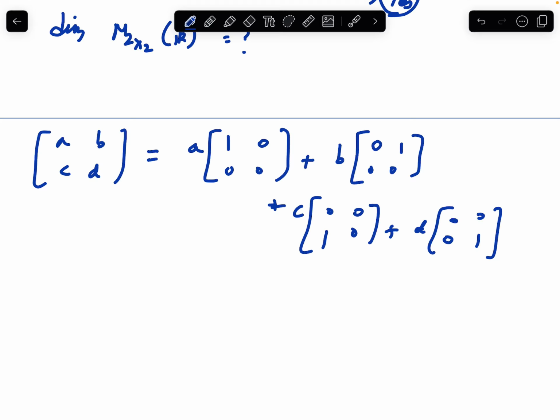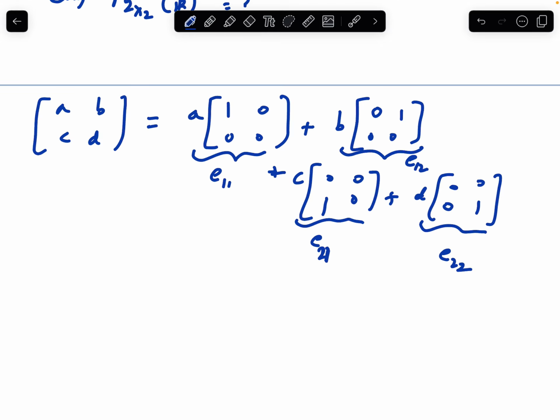Now note that these, let's denote it by E11, that is, the entry at 1 1 is non-zero, and let's denote it by E12, and the matrix with the entry at second row and first column non-zero, denote this by E21, and this one by E22.